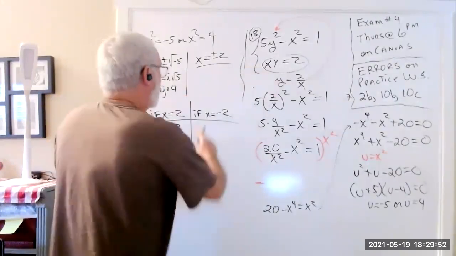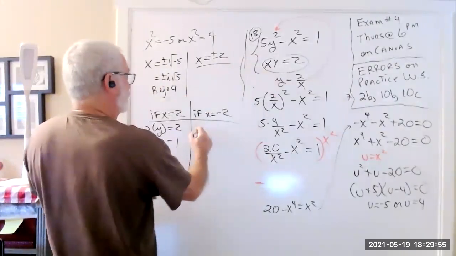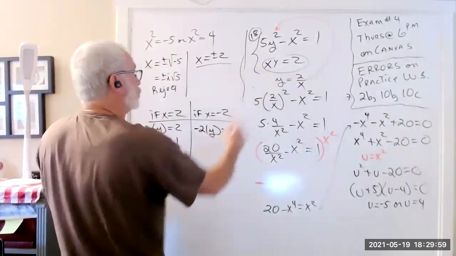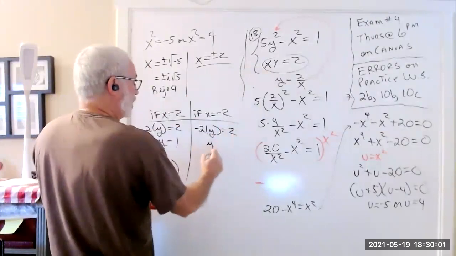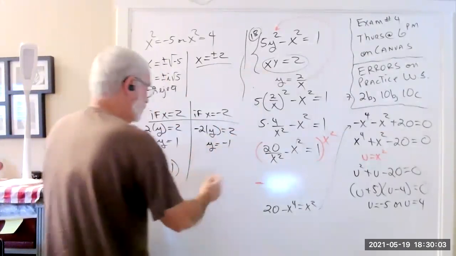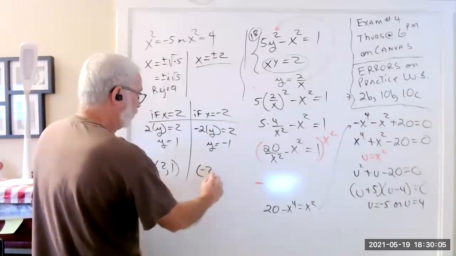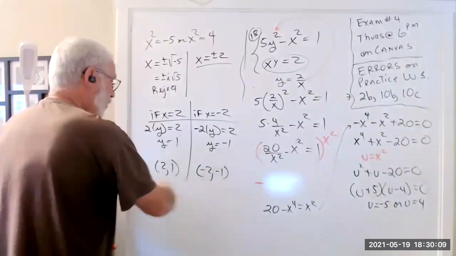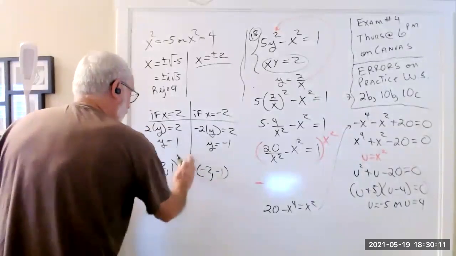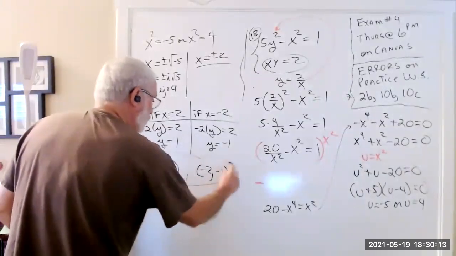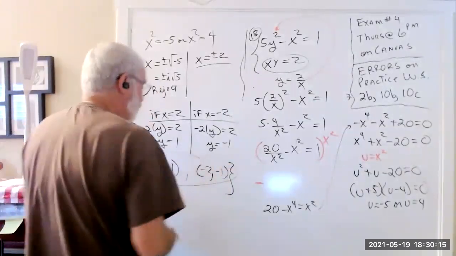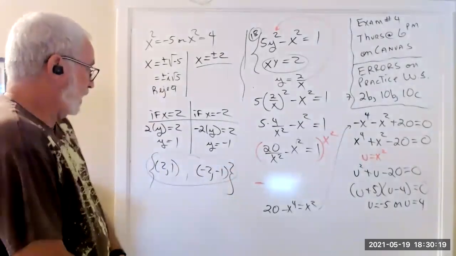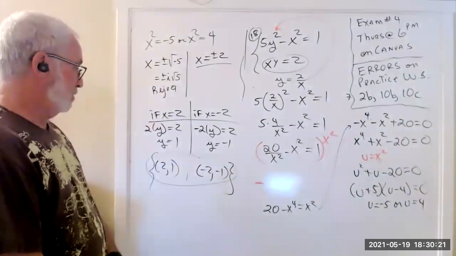So if I plug it into that, I have -2 times y equals 2, which means y equals -1. So here we have if x is -2, y is -1. Okay, so these are my solution set. These are the 2 answers. And I would say that's the end of it.